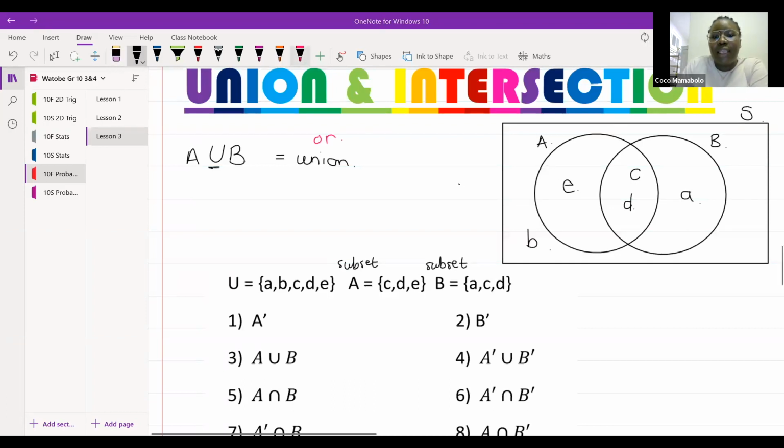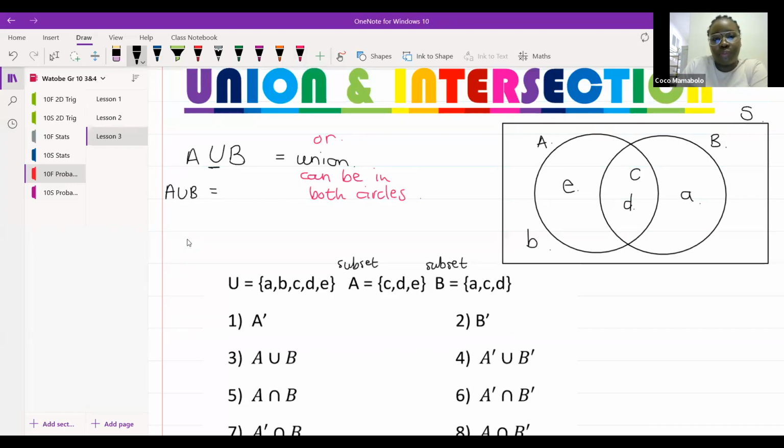You can be in both circles. No worries, Renee, welcome. We can be in both circles. If we look at the information we've got over here, which letters are in both circles? Which letters would make up A union B?